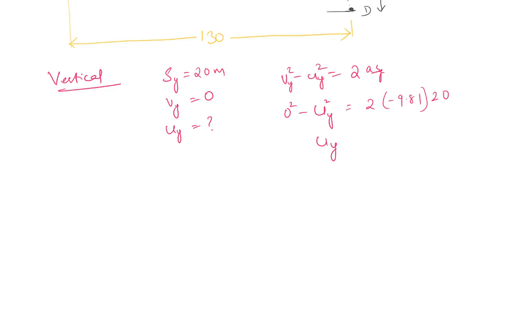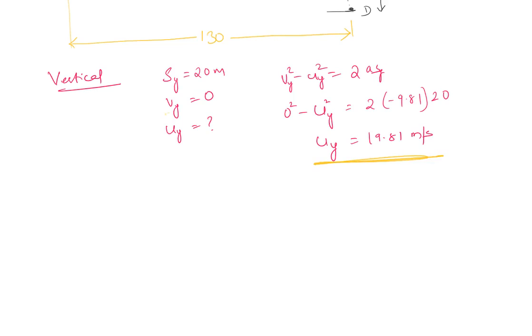So uy is equal to the square root of 40 times 9.81, so you get 19.81 meters per second.